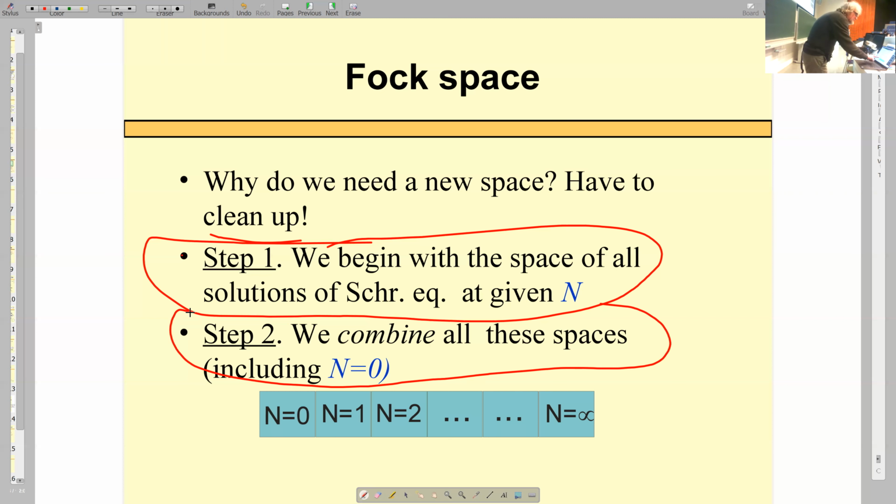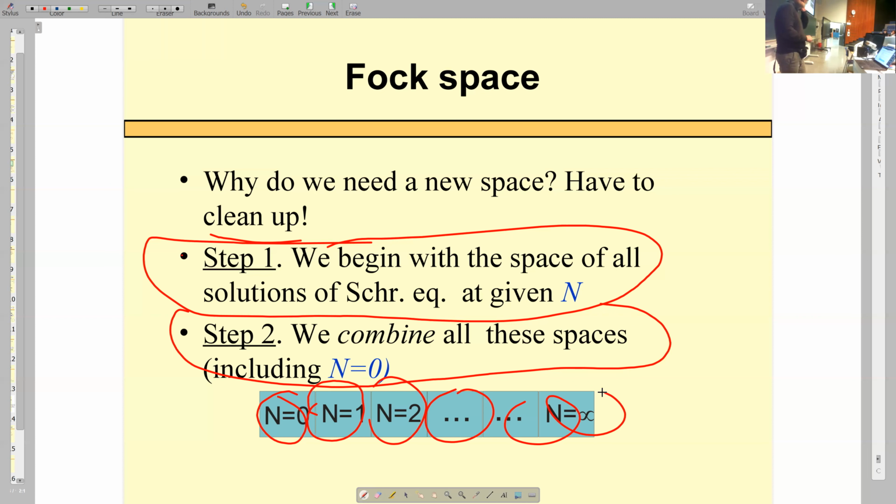The state with no particles whatsoever, which we would consider nothing, garbage in classical physics, is promoted to a legal quantum state. It includes vacuum, and plenty of states for N1, N2, and so on. All this combined.